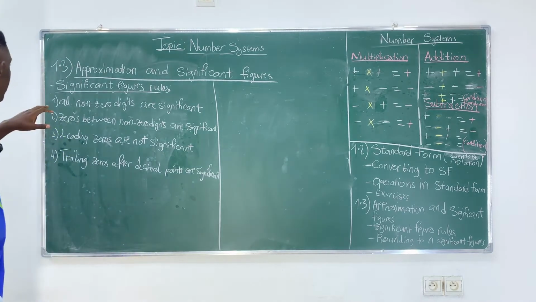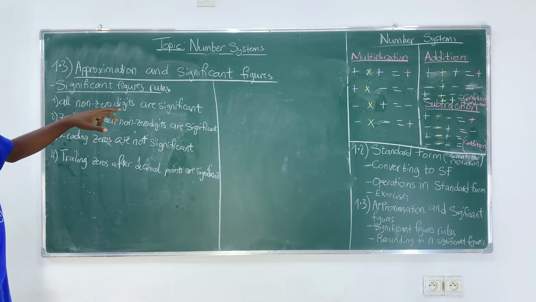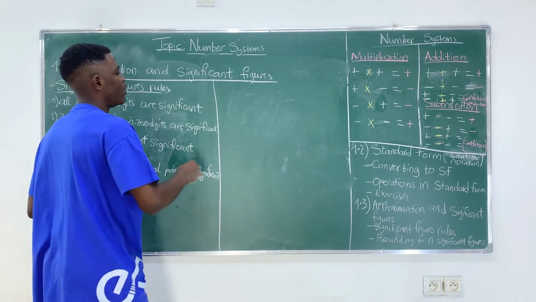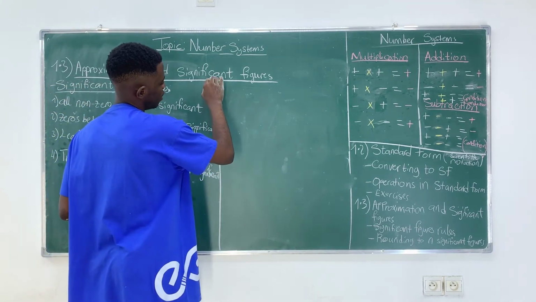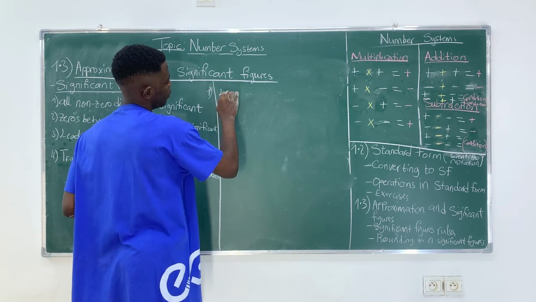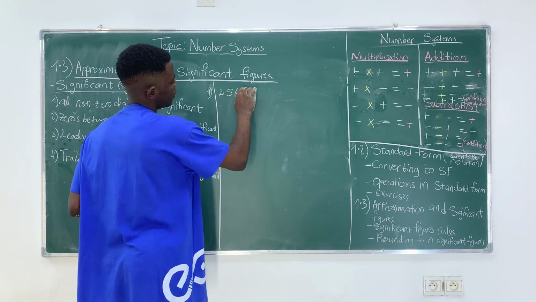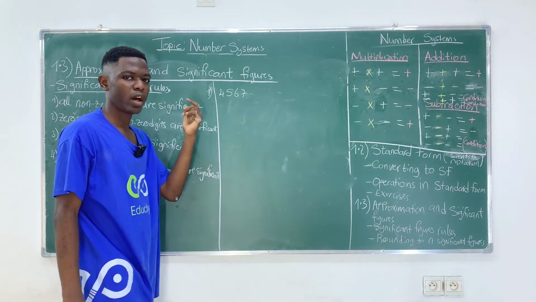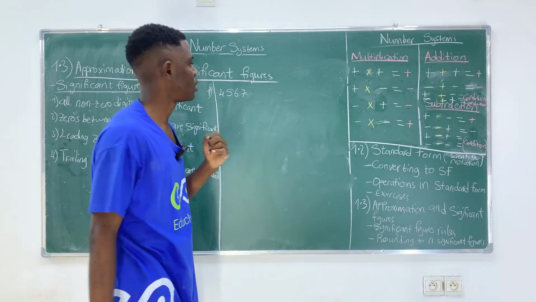So for the first one, they say all non-zero digits are significant. For example, if you have a number like 4, 5, 6, 7, here, how many significant figures are there?